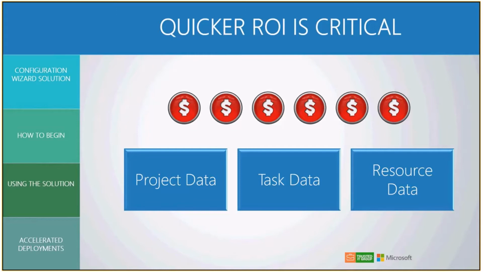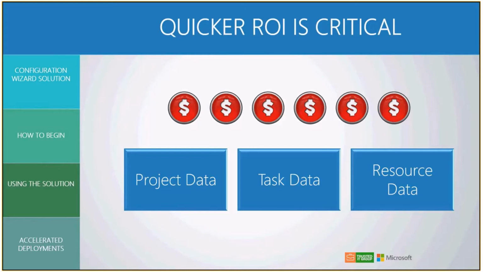Sometimes when you purchase licenses, there could be 8 months, 9 months, sometimes we've seen organizations go a year and a half spending this licensing cost without actually using the solution. So being able to buy the licenses and get up and running quickly and have visibility into your project data, your task data, and your resource data is really important and essential when you're trying to understand what the ROI for your PPM solution should be.